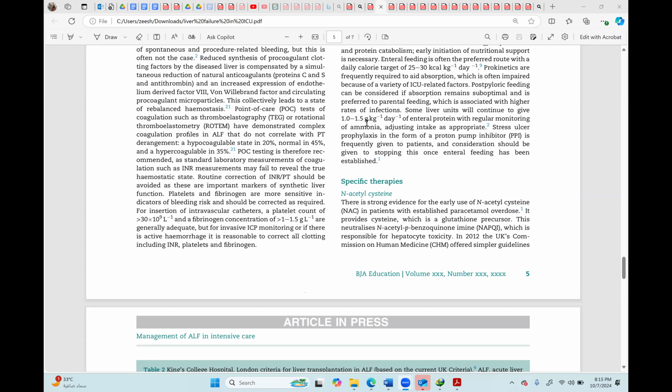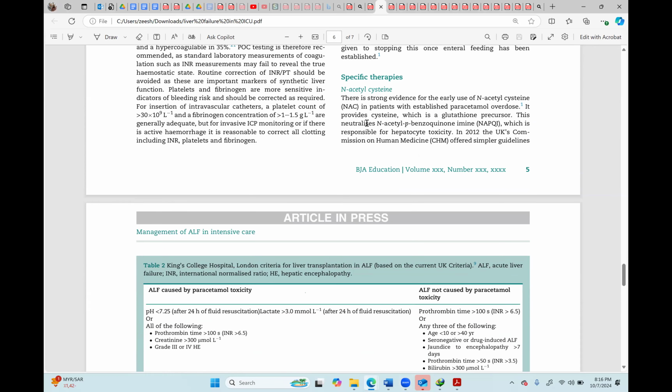When there is overwhelm, if the patient is taking too much paracetamol, this NAPQI will not be dealt with. So that will cause hepatotoxicity. When we give N-acetylcysteine, it provides cysteine, which is a precursor for glutathione. That's the mechanism which occurs.